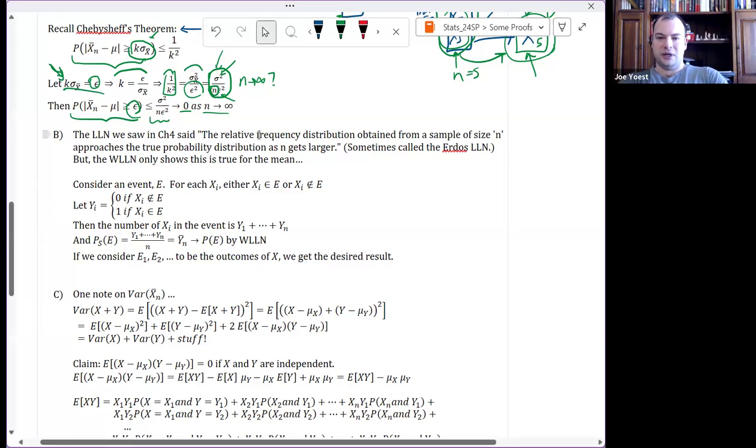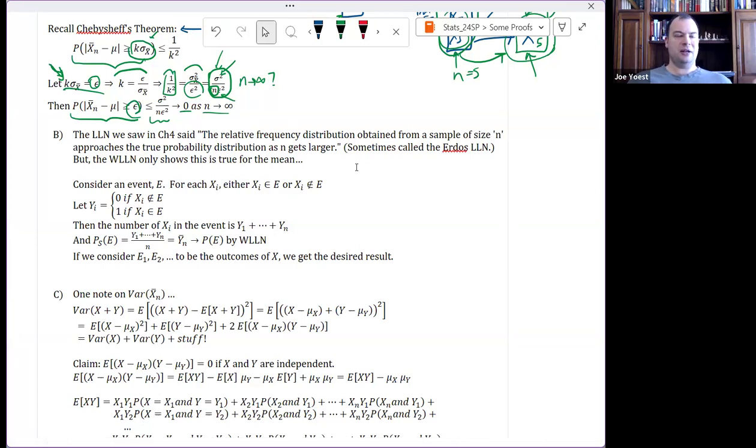It's not only that the relative frequency distribution converges, it's that any event that I'm interested in asking about on the sample side of things, the probability of that under the sample is going to converge to the underlying probability of that event in the population.